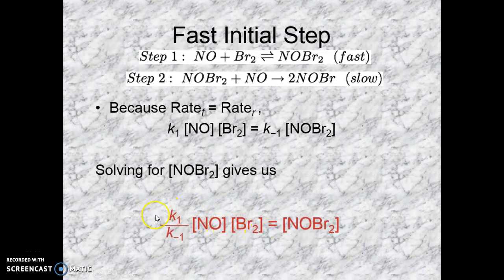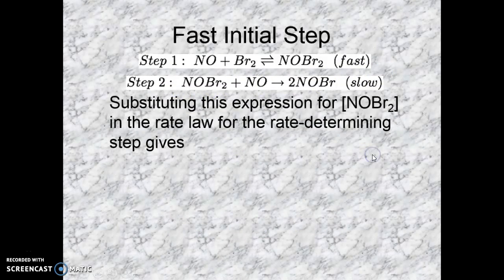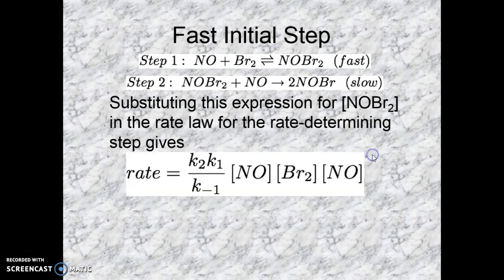So we are going to take this whole thing and substitute it into our slow step rate law for the NOBr2. So if we do that, we get all the k's, k2, forward k for the first, reverse k for the first, and then these two concentrations represent the NOBr2 concentration.